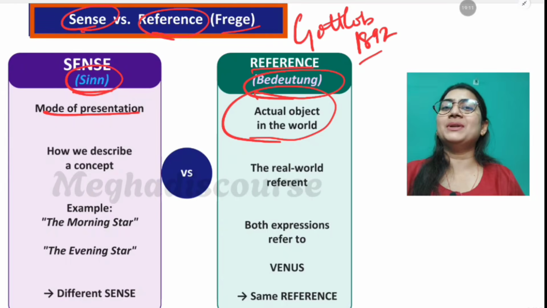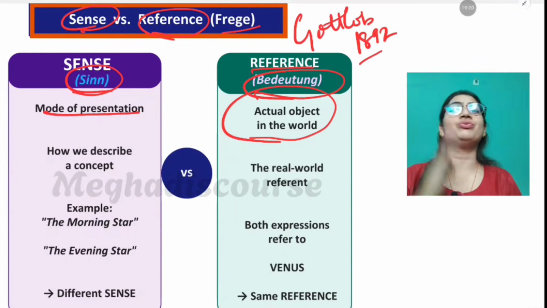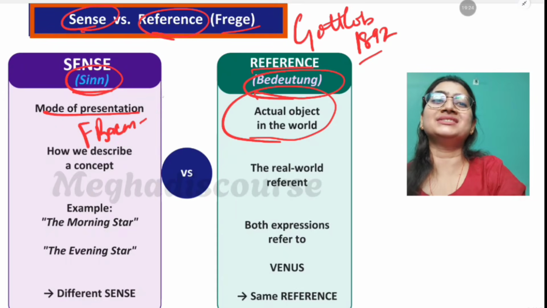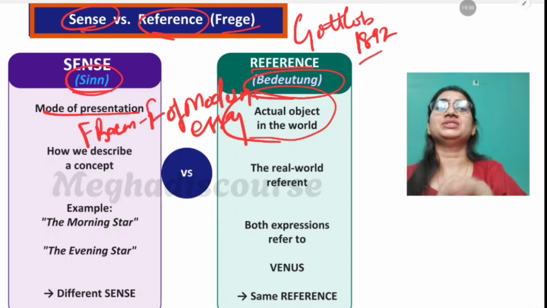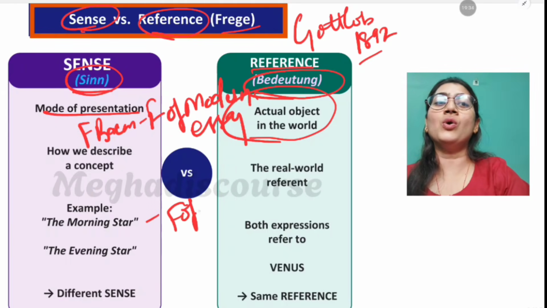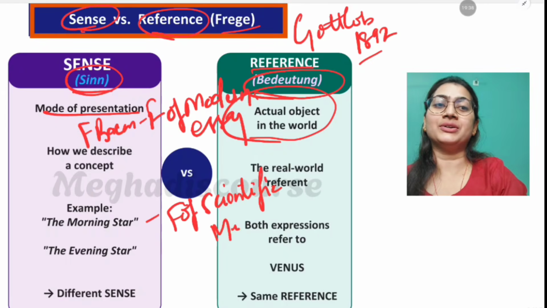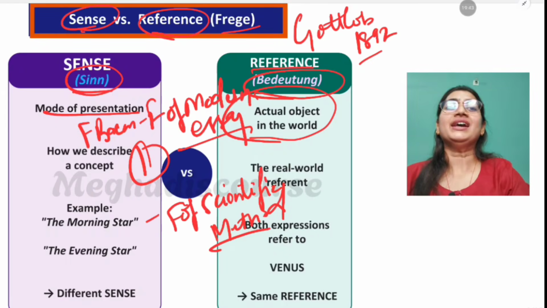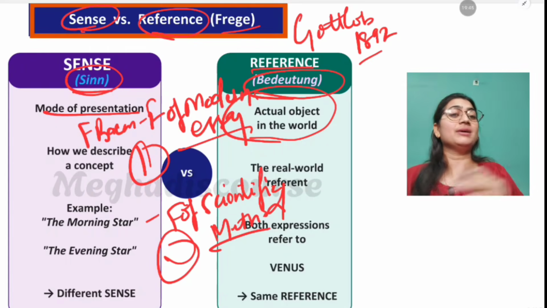For instance, in the simplest terms, in my previous video on Francis Bacon, where we covered "Of Studies," I told you that Francis Bacon is called the father of the modern essay. This is the first statement. Now, Francis Bacon is also called the father of the scientific method. Now, we have two senses: the first sense is father of the modern essay, and the other sense is father of the scientific method.